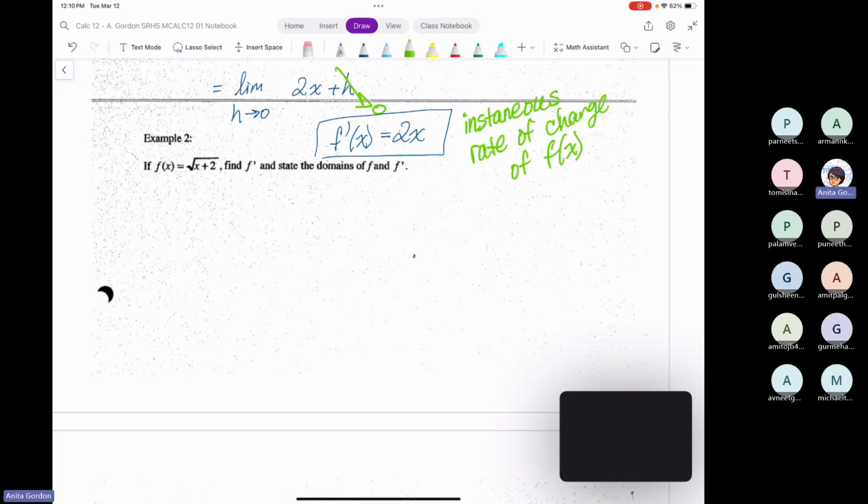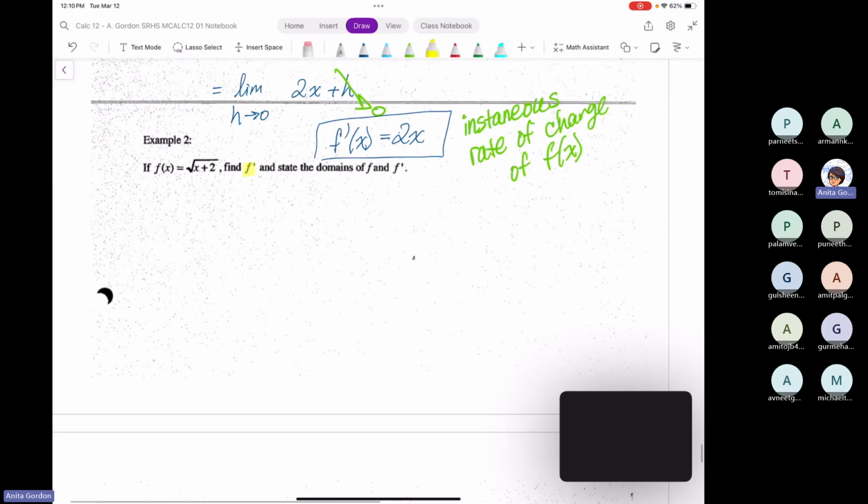In example 2, we are asked two things. It says find the derivative and state the domains comparing f to f prime. So let's take a look at what is f prime first. F prime is the limit.